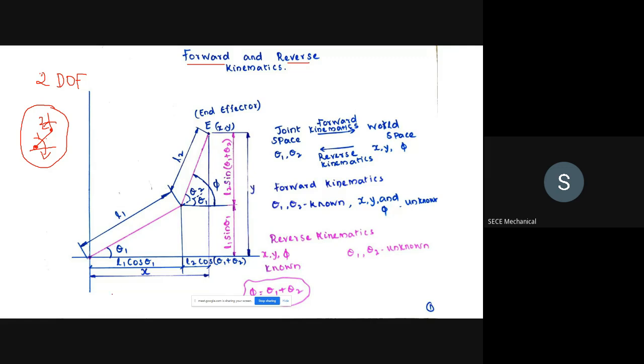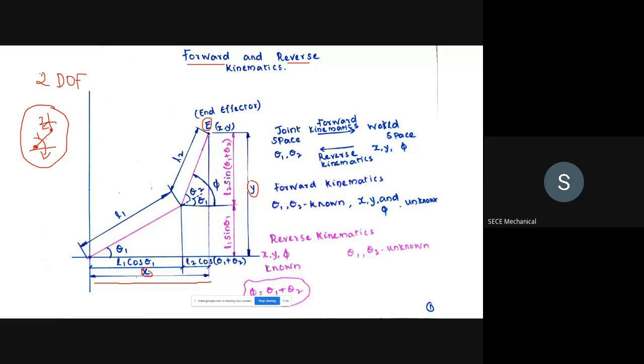X is the horizontal distance from the origin to the end effector, and Y is the total vertical distance. So you get these 2 variables, both X and Y.